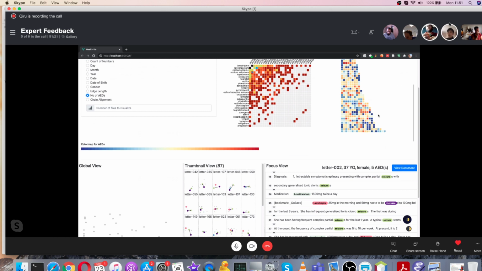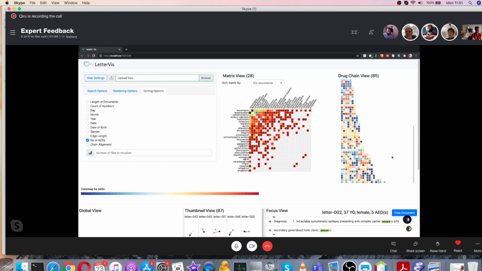Might not be the most number of drugs, but most occurrence of drug names. Yeah, that does depend a little bit on who's writing the letter. Some people will put the drug at the top. They'll write about their discussion with the patient, and then they'll recap everything at the bottom.